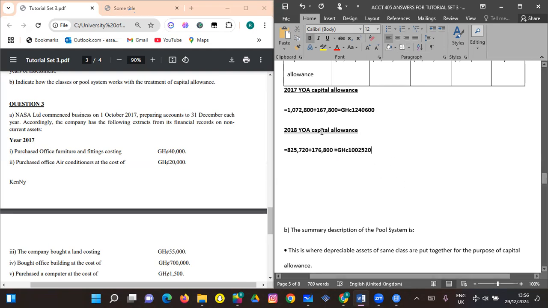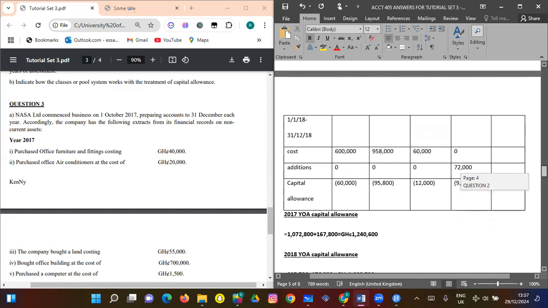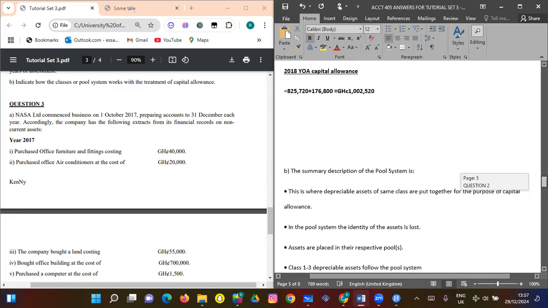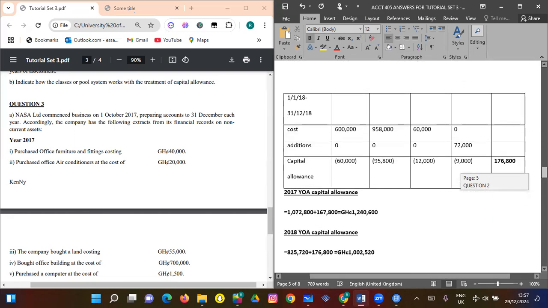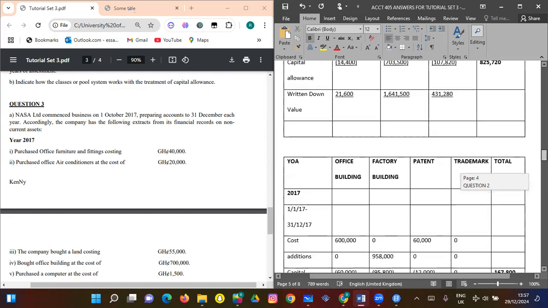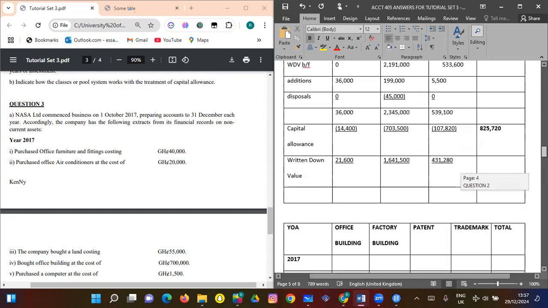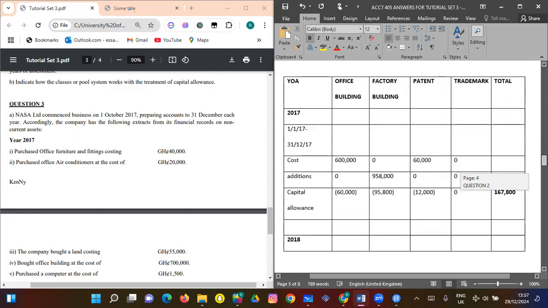So this is it. The reason why I did it this way is because I did pool 1 to pool 3 in a different table, and I did pool 4 and 5 in a different table.